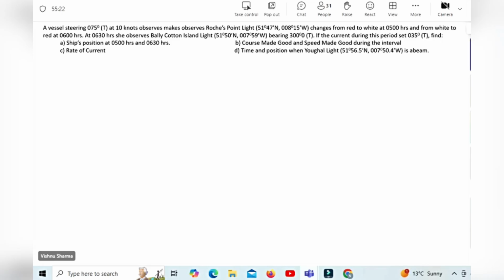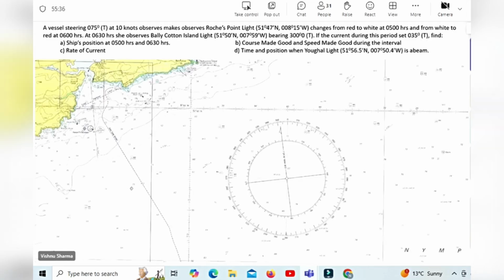Firstly, on reading the question, convince yourself that it cannot be done by any of the easier methods. And then obviously it's a question pertaining to this method. First step, draw the first PL. Second step, draw the third PL.